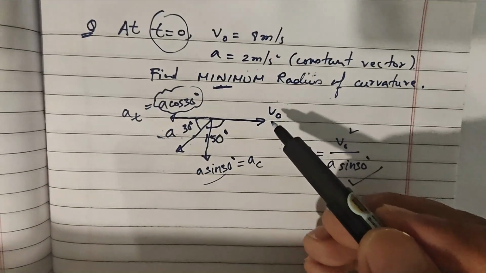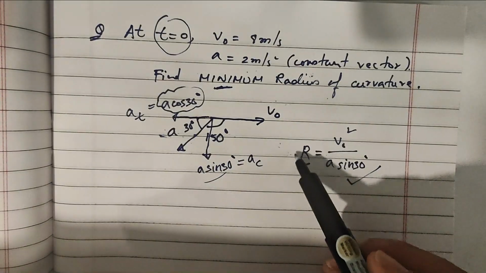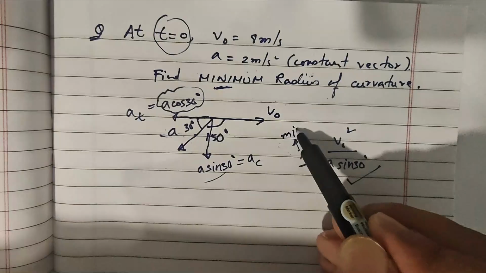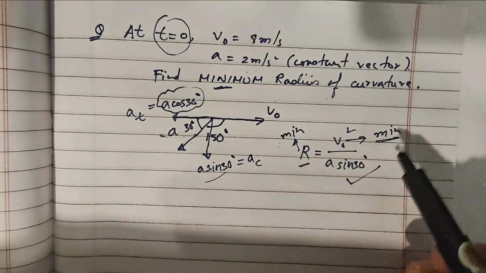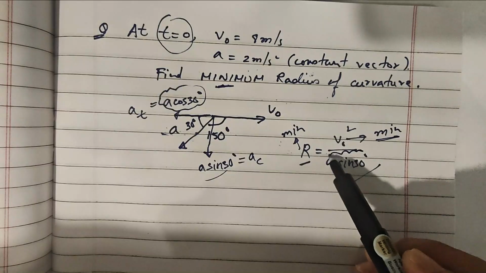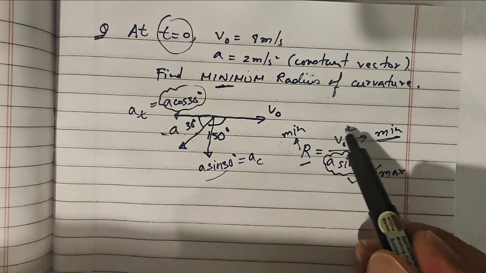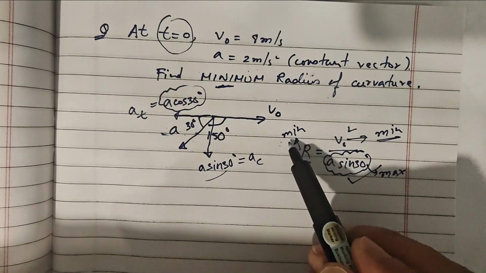So it will move slower and slower. So at which moment the radius will become minimum, they are asking. Well, the radius will be minimum when velocity also becomes minimum, and this component should become maximum. So if the numerator is minimum and the denominator is maximum, the ratio will be minimum.